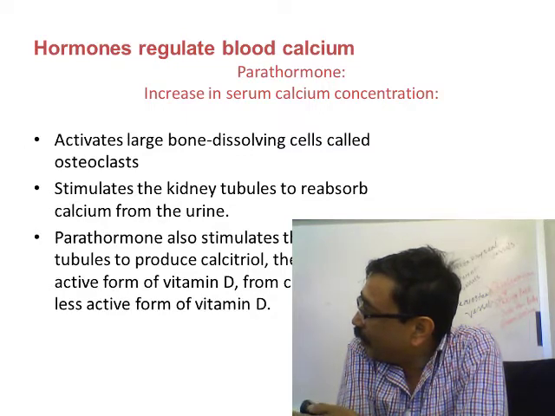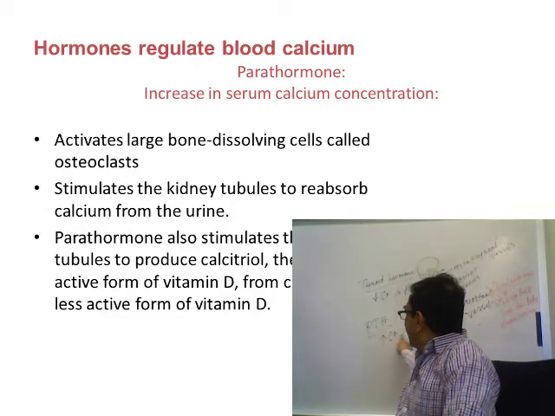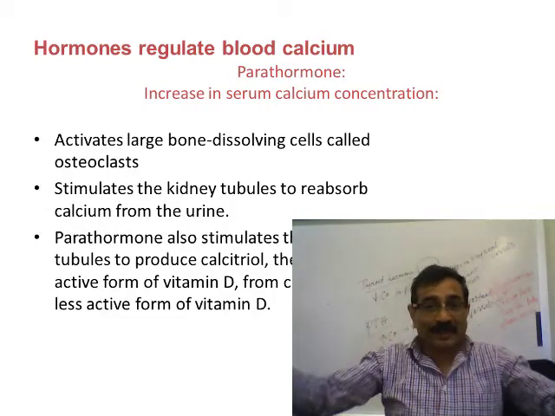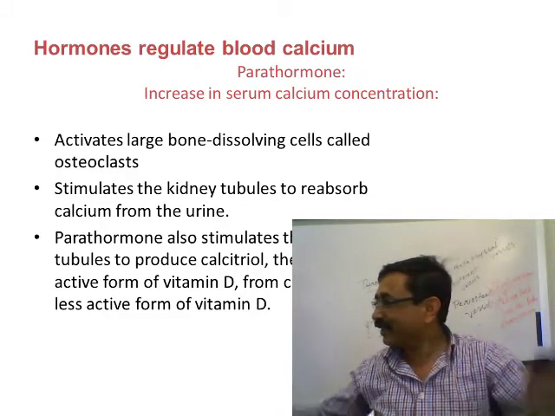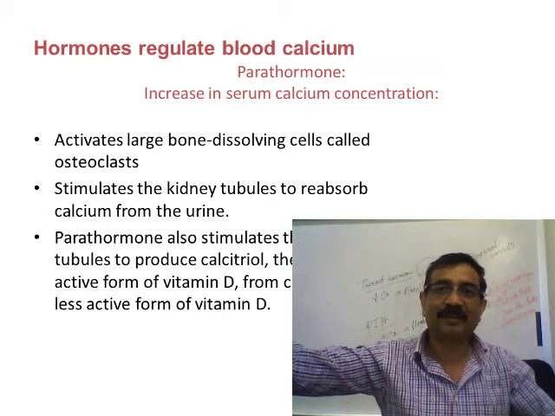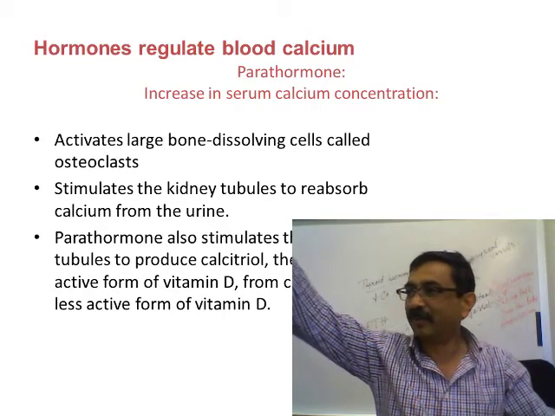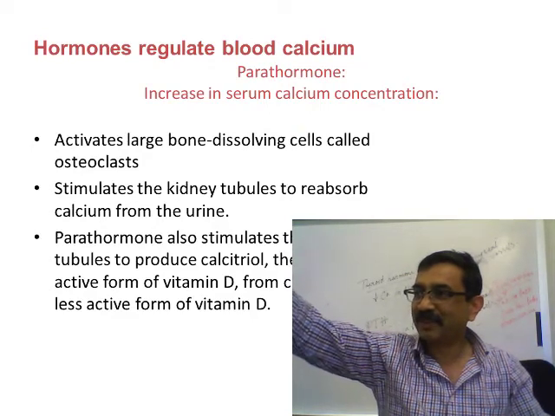Just know that parathyroid hormone does the opposite. We know that parathyroid hormone increases the calcium. So it will stimulate the osteoclast, right? The osteoclast will break the matrix, and calcium will get out from the bone and enter where? The blood. So the blood level of calcium will go up. Does it make sense?